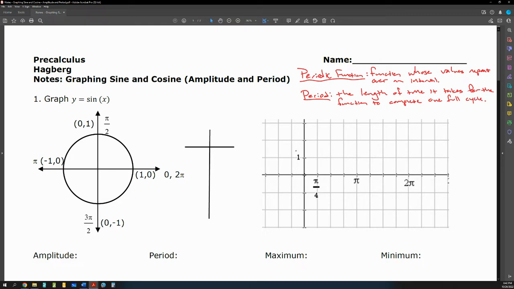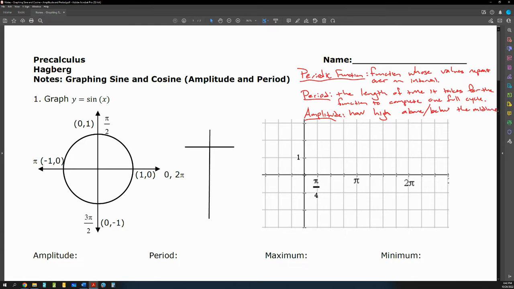Okay? And then the last definition that we have is amplitude. So this is a new word for us. Amplitude is how high or low, above or below the midline.